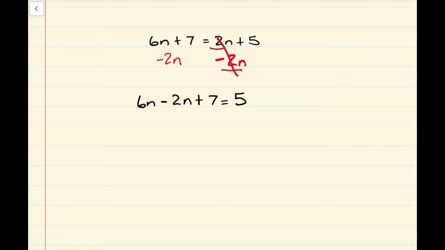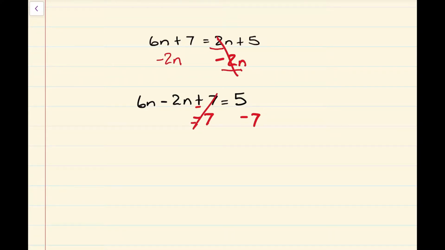Okay? So now that we have the n's on the same side, we're going to want to have the constants on the same side, or the numbers. And so let's just subtract 7 on both sides, because this plus 7 minus 7 will just cancel out.